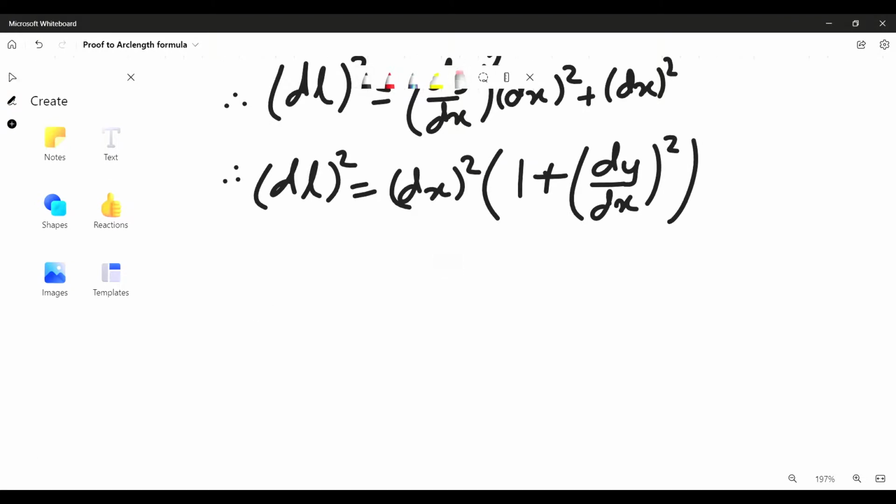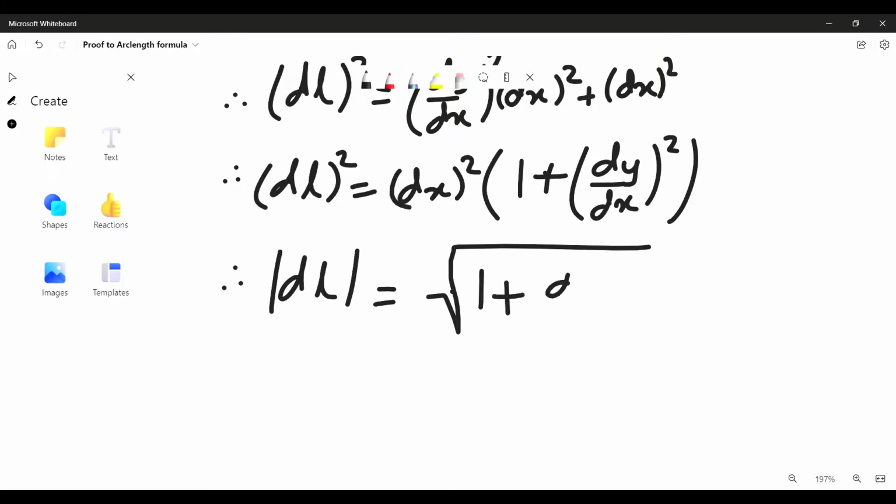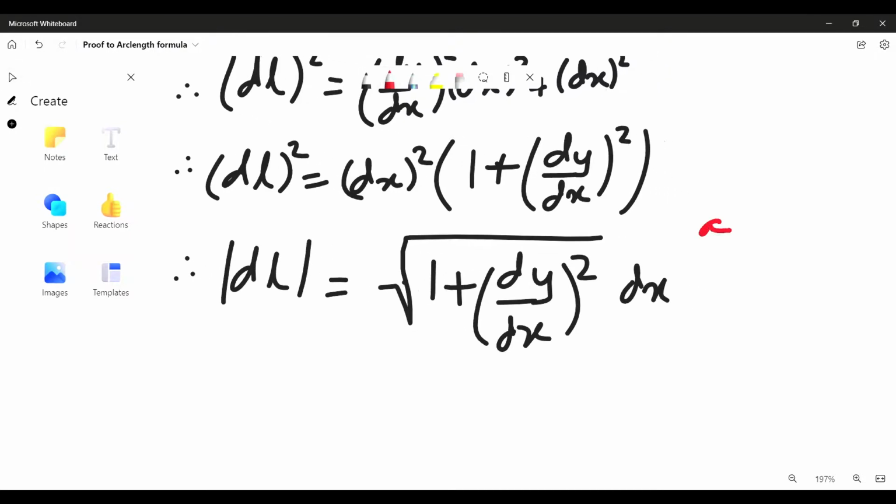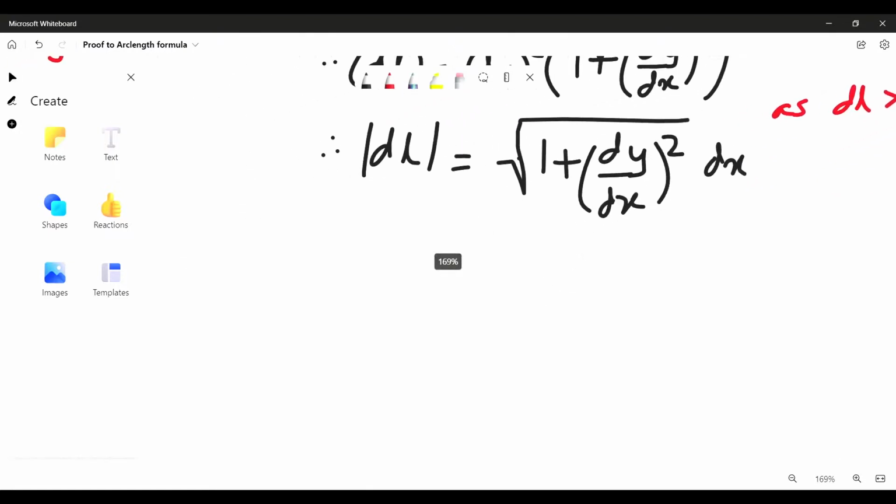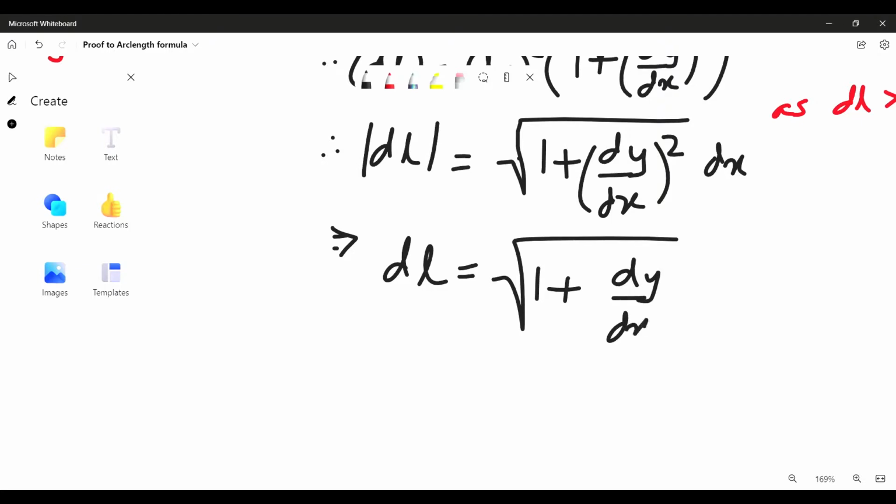Then we can write the modulus of dl is equal to root of 1 plus (dy over dx) squared, times dx. And of course, as dl is greater than 0, we can just say the small length dl is equal to root of 1 plus (dy over dx) squared, dx.